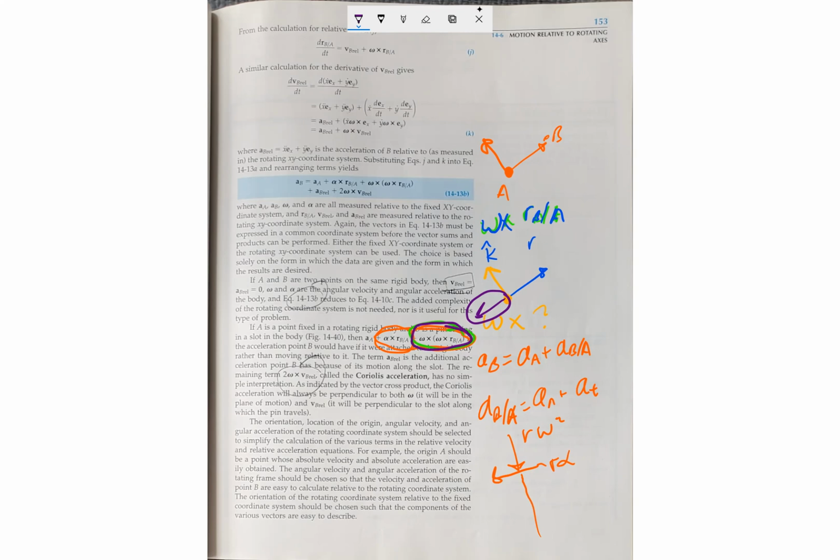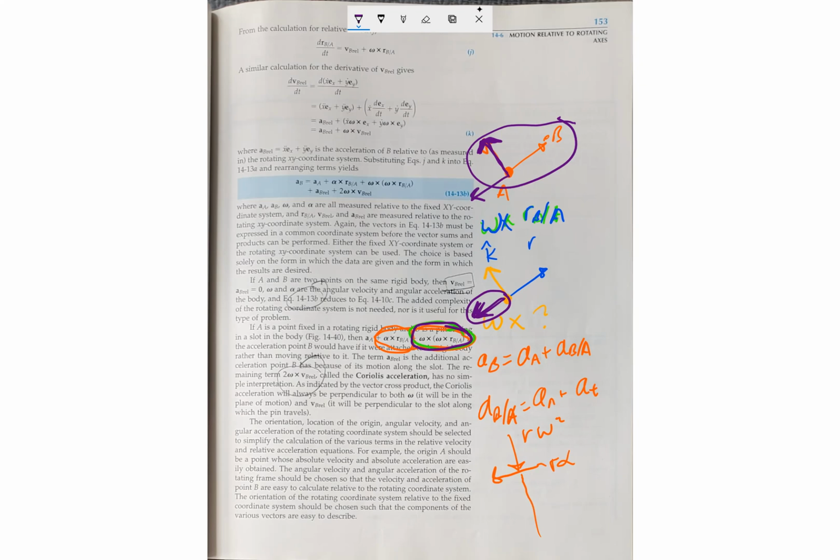So the alpha cross r was here, resulting in an acceleration in this perpendicular direction. And then omega cross r crossed with omega is this vector, and it is pointed in a perpendicular direction. So it results in two accelerations that are perpendicular to each other.